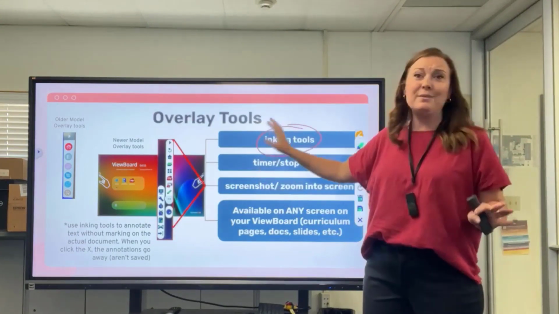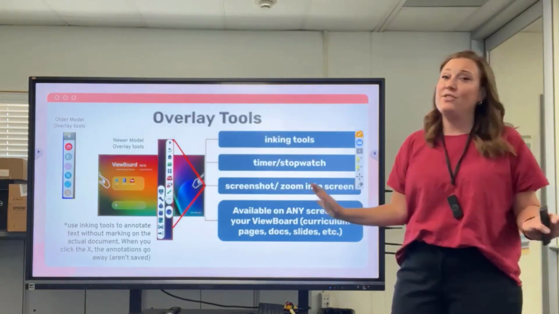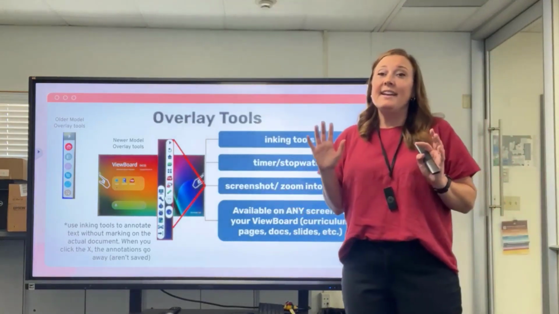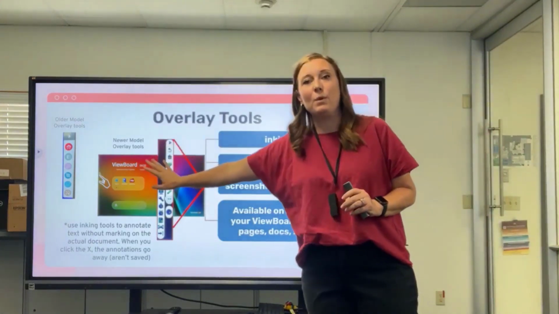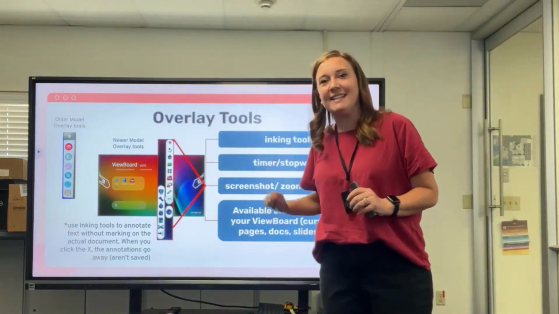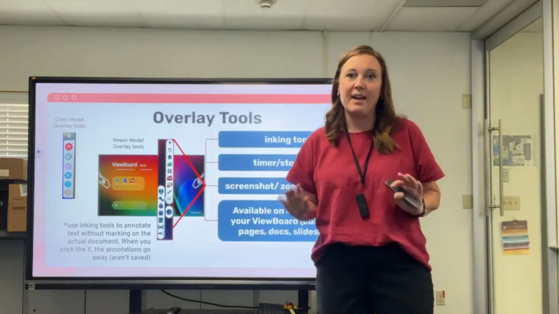But when I'm done with marking it, I'm going to hit the X and they're going to go away. They're almost like you have a piece of glass over your board and you're writing on that glass. It's not interacting with what's actually on your board at all.